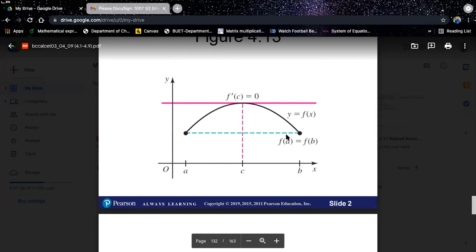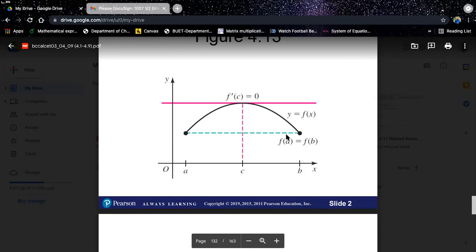Obviously, this function is continuous and differentiable on this interval, right? Because there is no hole, no break, we have defined values everywhere, and I can't see any corner points either. So looks like it's differentiable on this interval.